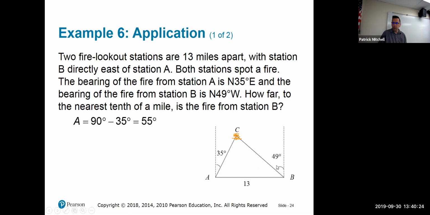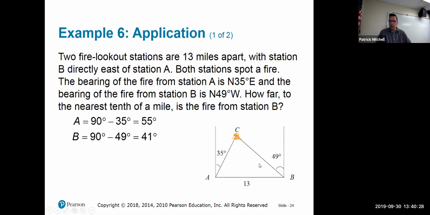Angle B is 41 degrees because those two angles have to add up to 90. So what do we have? We have two angles and we have the side between them, which is side C. So as long as we have two angles, we can definitely use law of sines because now we can find the other angle and then we'll have a complete ratio about C, right?